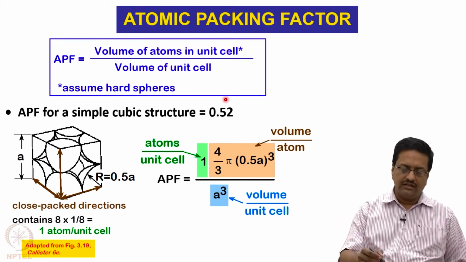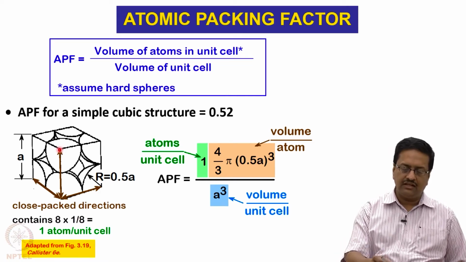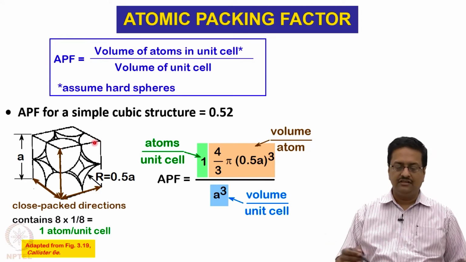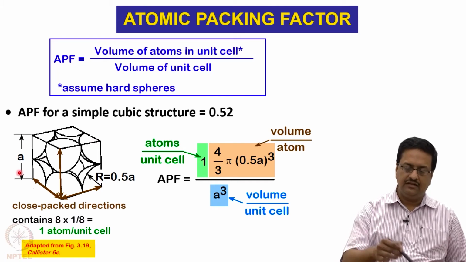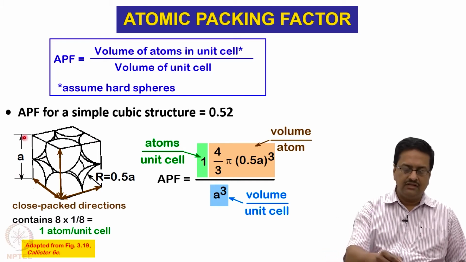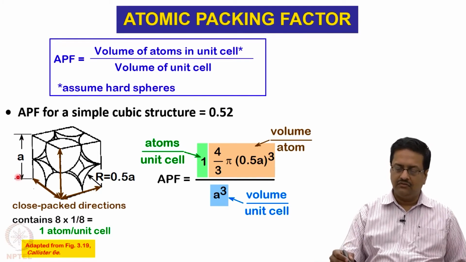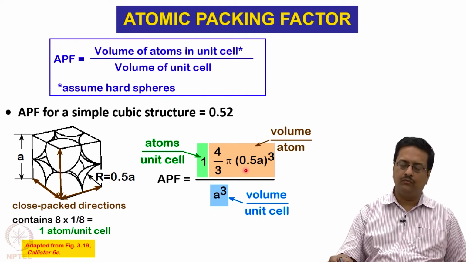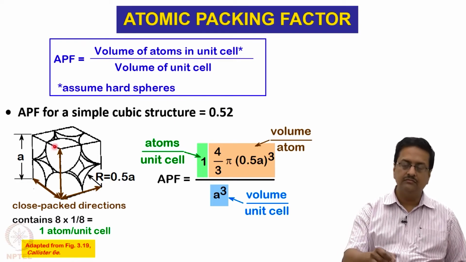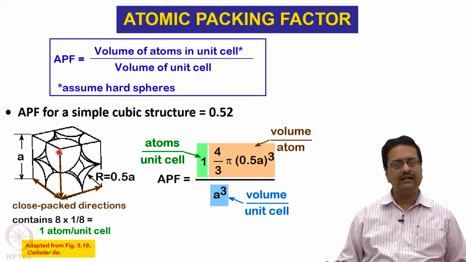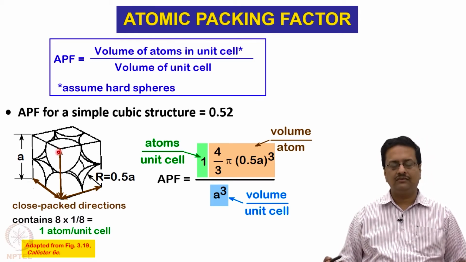How? In case of simple cubic, if you note that the corner atoms touch each other along the edge direction, which is a. So we can write a equal to 2R, and from that you can calculate the volume of one such atom, because every atom sitting at corner contributes 1/8. So altogether 8 corner atoms contributing 1/8 gives you 1.